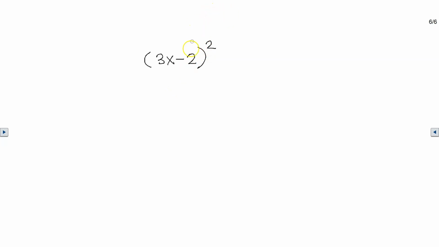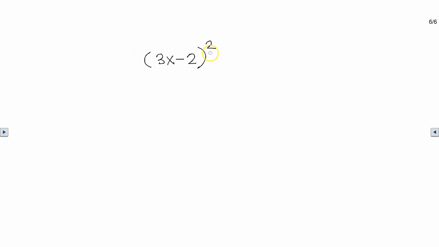To use power to a power, there can only be one term inside of the parentheses. And in this case, we don't have just one term inside the parentheses, we have two. So power to a power is off limits on this problem because you're trying to raise two terms to the second power. So here's what we're going to do instead.